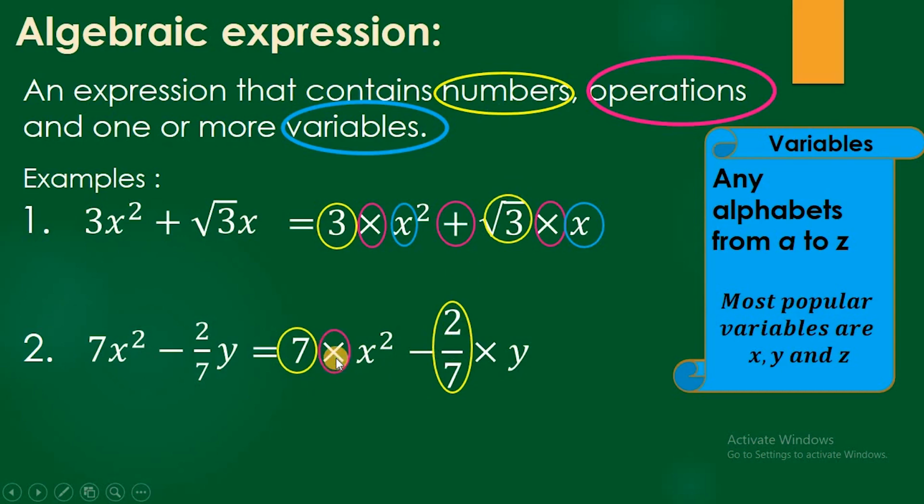Then we have multiplication, subtraction, and this line indicates a division sign, and then again a multiplication. These are the mathematical operations. And we have x and y as variables. Since there are two different alphabets, x and y, this is an algebraic expression in two variables.